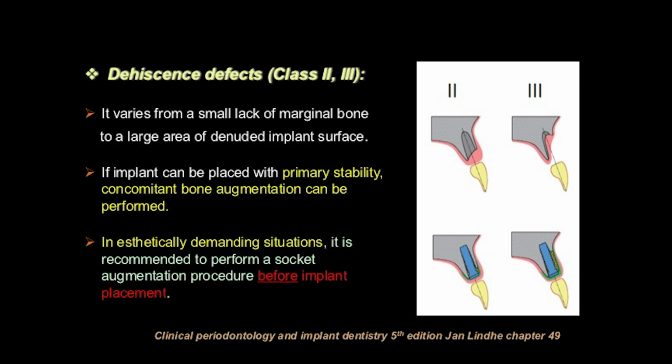If the area has high aesthetic demand, then you should augment before you put the implant. So you don't put the implant immediately, but you augment the socket, then wait for healing and come back to place the implant. This is in high aesthetic demand. Otherwise, whether the dehiscence is type 2 or type 3, you can place the implant and augment at the same time.